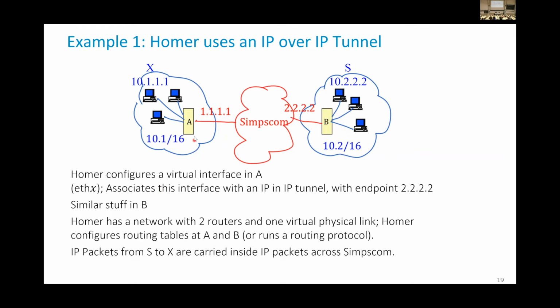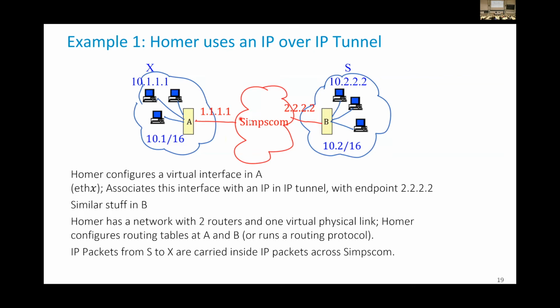And then this virtual interface would be encapsulated in IPv4, which means every packet that we put in this interface is put into an IP packet that has destination address 22222. And then it comes in B. In B, you've done the same thing. And it comes as if you had a physical interface. So at A and B, you have 2 interfaces. You have the one that goes to the red part.